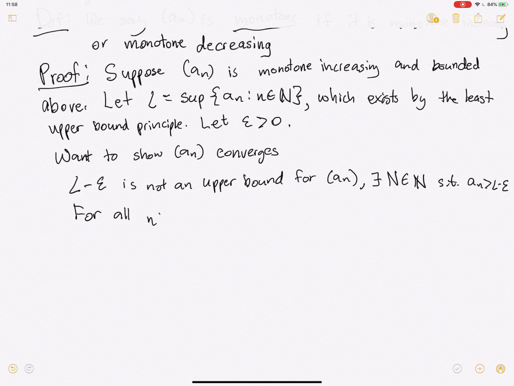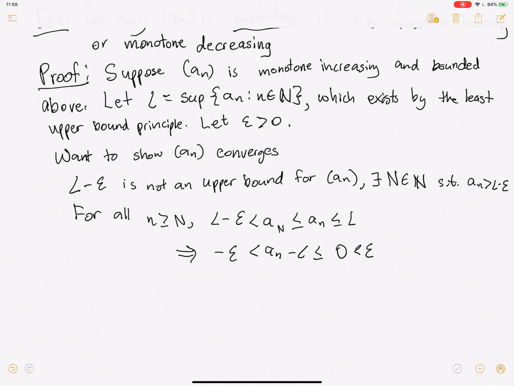For all n greater than or equal to N, L minus epsilon is less than a_N, which is less than or equal to a_n, which is less than or equal to L. So what this means is negative epsilon is less than a_n minus L, less than or equal to 0, less than epsilon, which means that the absolute value of a_n minus L is less than epsilon. Therefore, we have shown a_n goes to L.